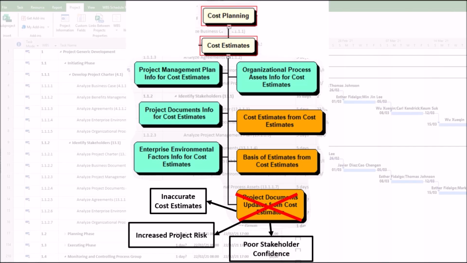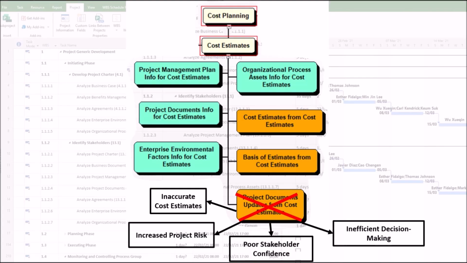Poor stakeholder confidence. First, lack of transparency. If supporting documents, such as basis of estimates, aren't maintained, stakeholders may question the validity of cost projections. Second, disputes and misalignment. Unclear or missing documentation can lead to disagreements over cost assumptions with clients or sponsors.